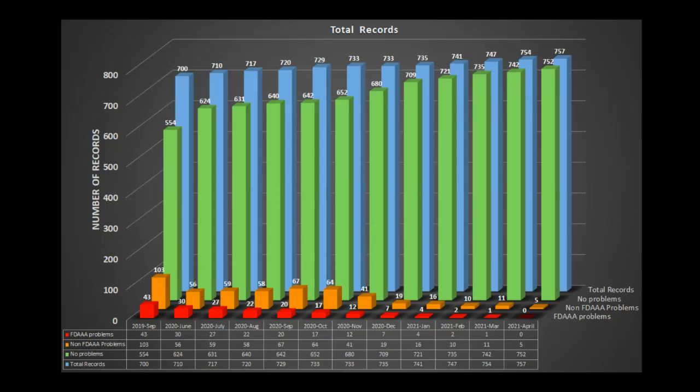Whatever the difference between blue and green are the bad ones, these orange and red ones, which are considered problem records. The orange ones are problem records that are not FDA-regulated trials, but have been flagged in the system with some sort of error, which must be corrected.